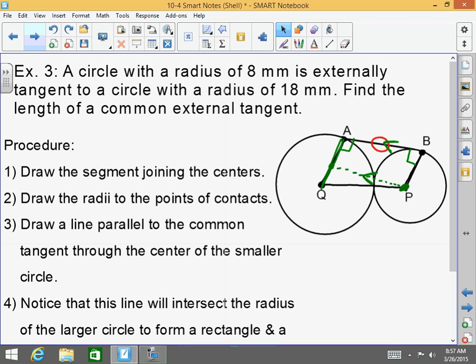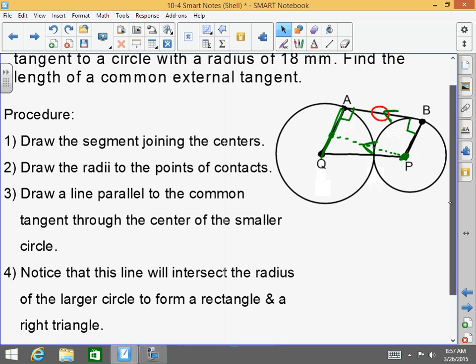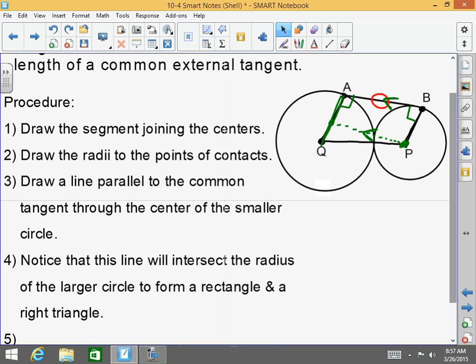Notice that this line will intersect the radius of the larger circle to form a rectangle and a right triangle. If it's a rectangle, doesn't that mean that this is 90 as well? So that means that I created a right triangle right here.